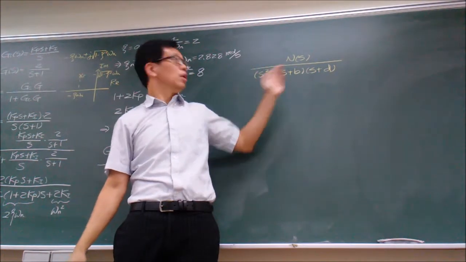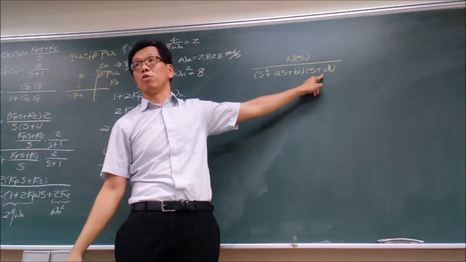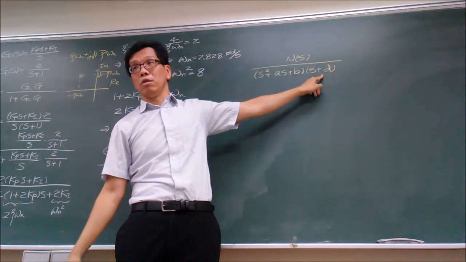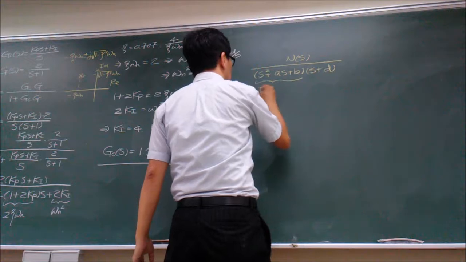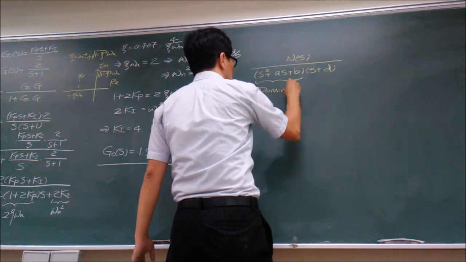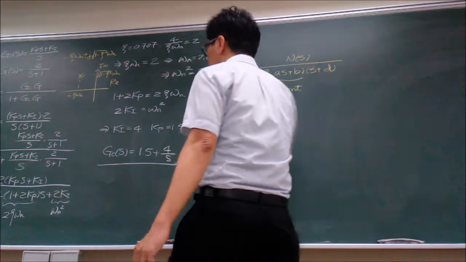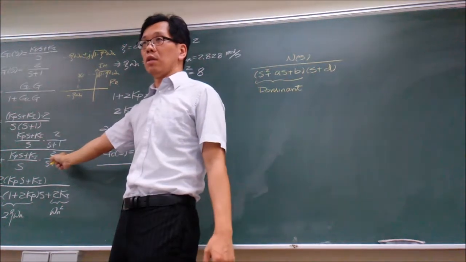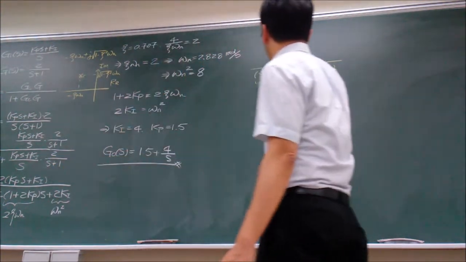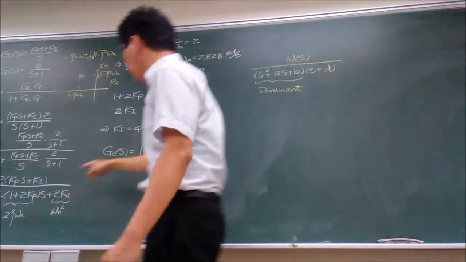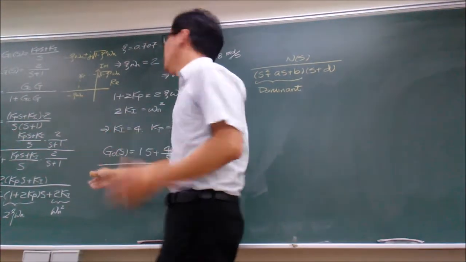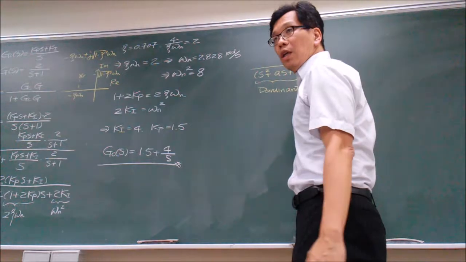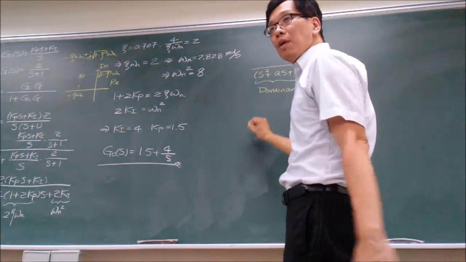This one over here is part of your controller. What are you going to do? If you know this part is going to be dominant, then just do whatever we just did to fit A and B and your Kp and Ki, whatever coefficients you have in your system.